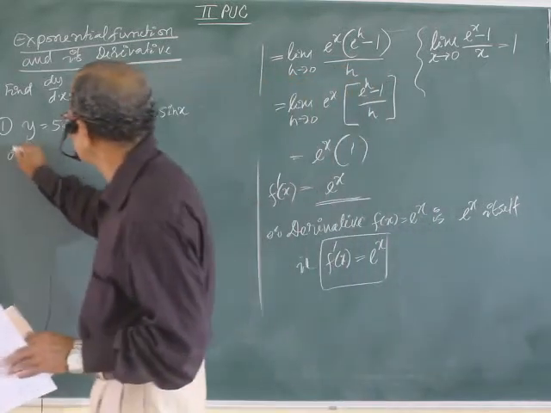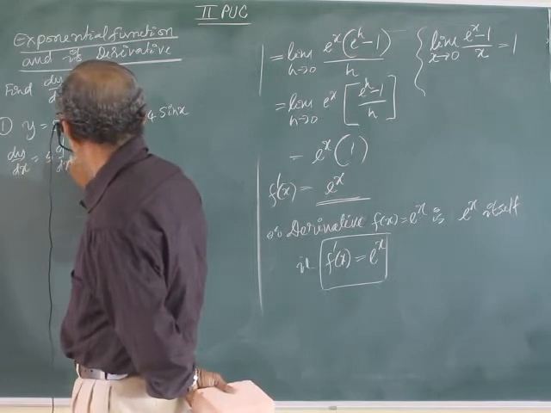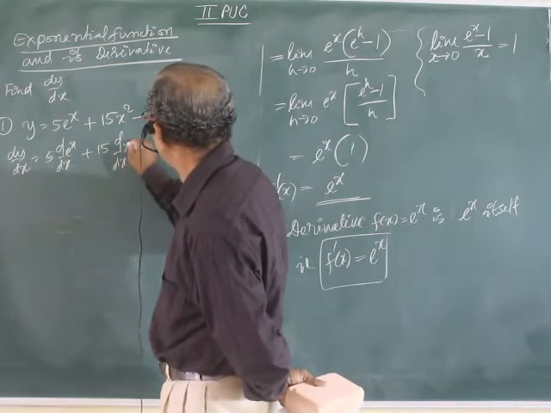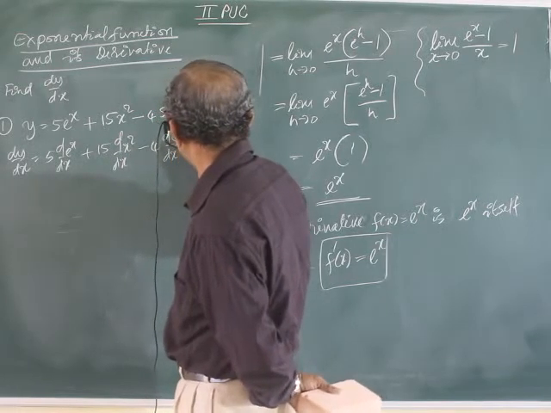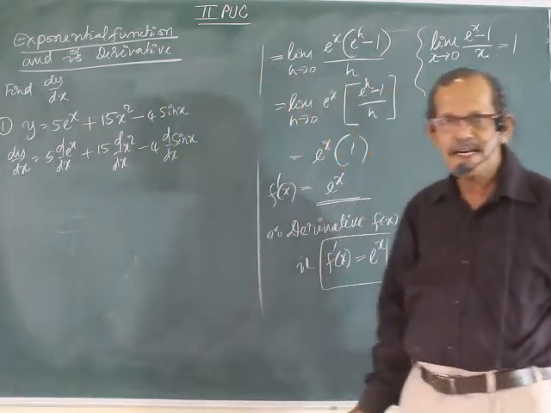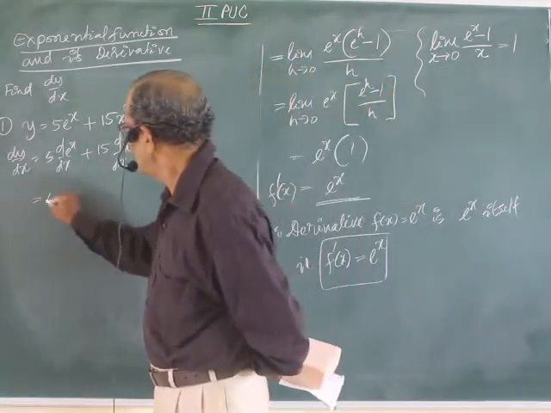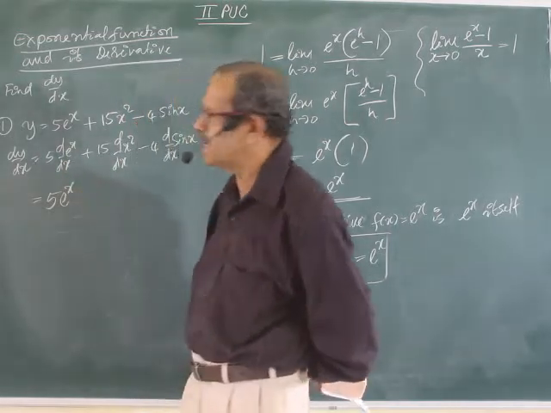Dy by dx is 5 into d by dx of e to the power x, plus 15 into d by dx of x square, minus 4 into d by dx of sin x. Writing the constant outside, find the derivative of the function. 5 into derivative of e to the power x is e to the power x itself.